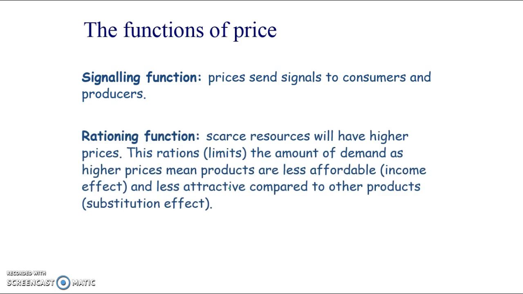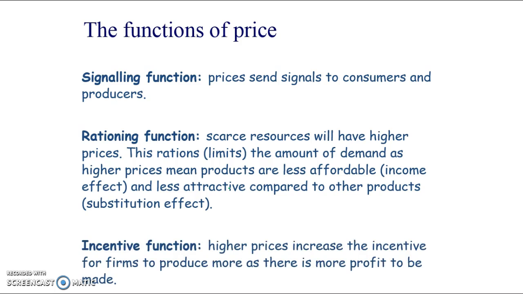We've got the rationing function, so this is signalling usually to consumers, and it means that when prices increase, consumers will ration or limit their demand, as higher prices mean that products are less affordable, so the income effect, or less attractive compared to other products, because there's usually substitutes on the market, and that's the substitute effect.